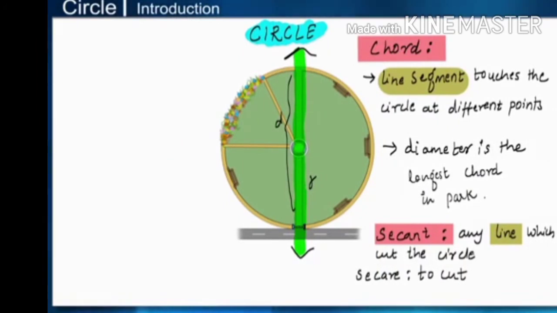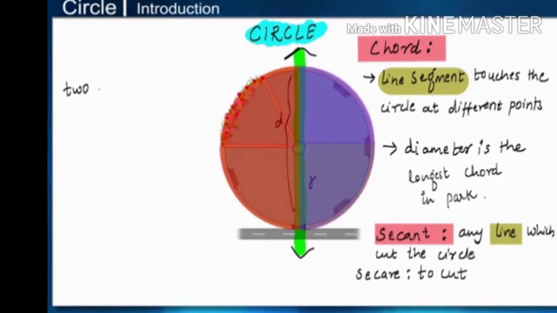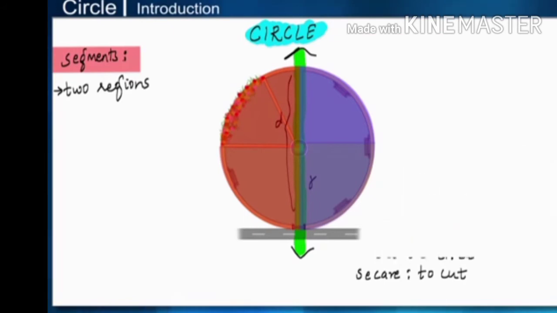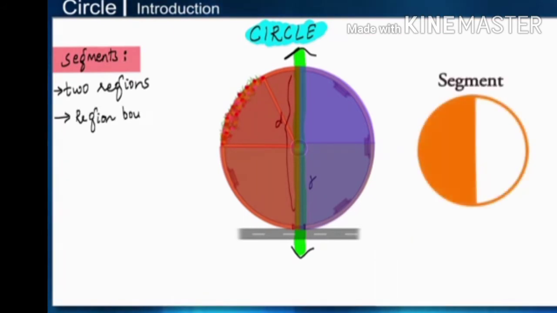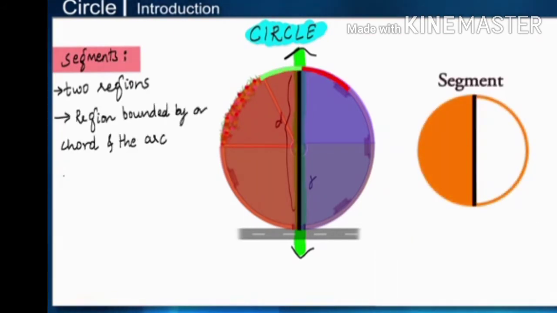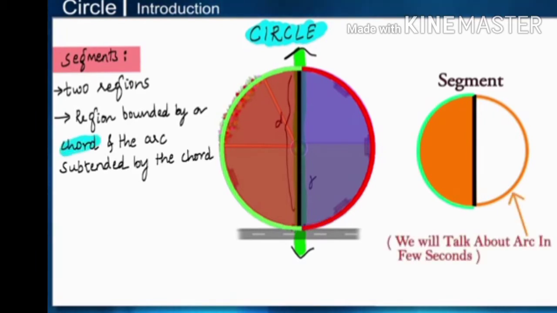Now, once we have drawn a chord or a segment, we can see that the park gets divided into two regions. Now, these regions are known as segments. The segment of a circle is the region bounded by a chord and the arc subtended by the chord.